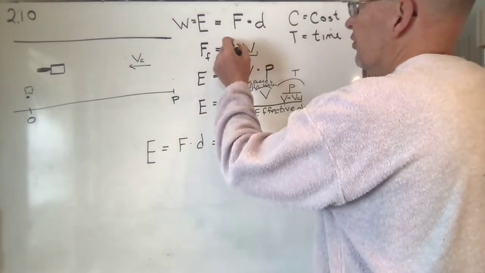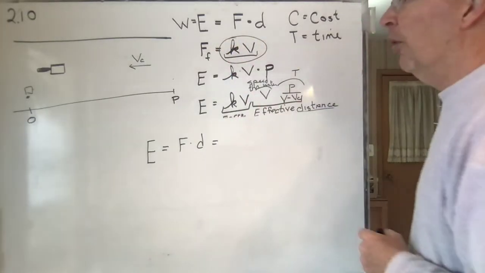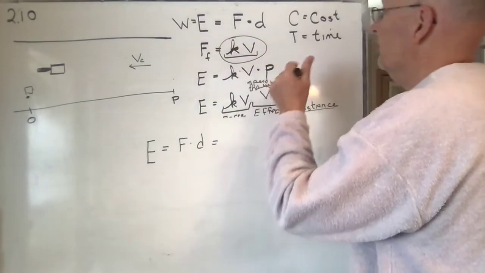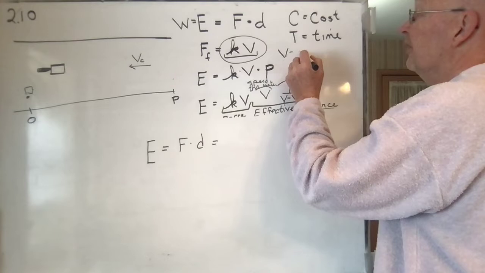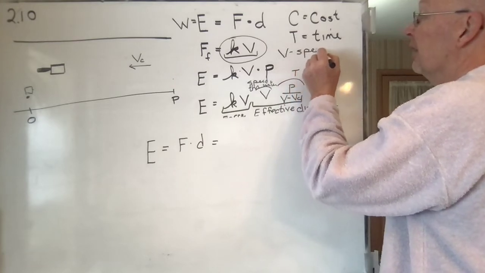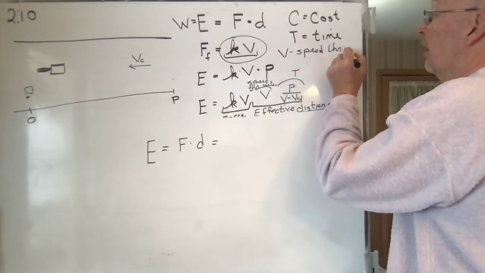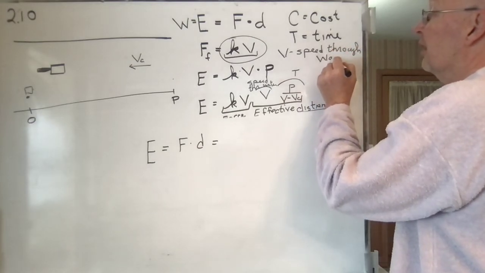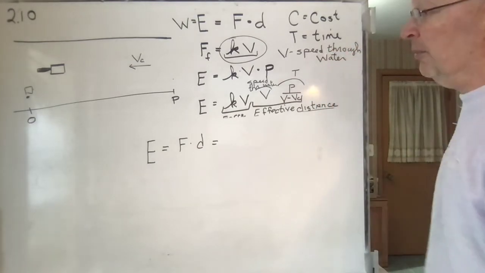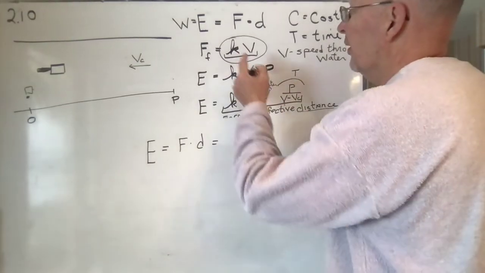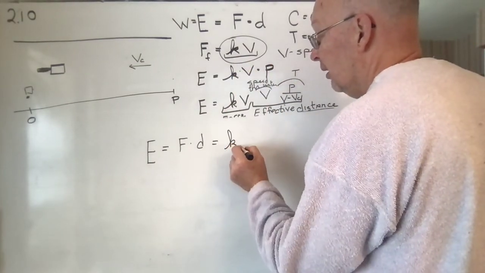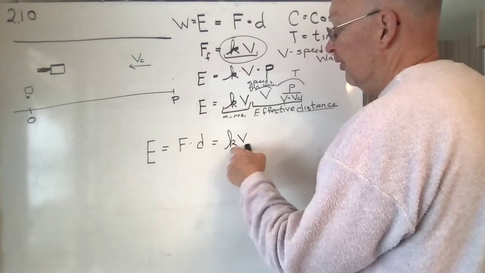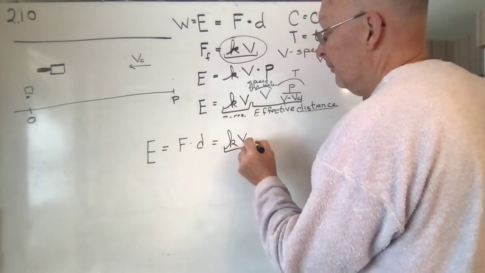And the force is going to be the same thing as before. At every point, if V, I should be really clear here, V is the speed through the water. That's the speed through the water. Okay? So the force is going to be proportional to the speed through the water. So that's the same as before.